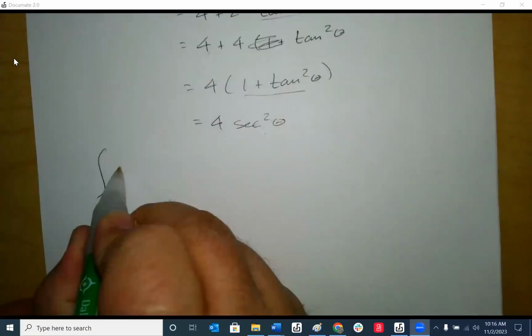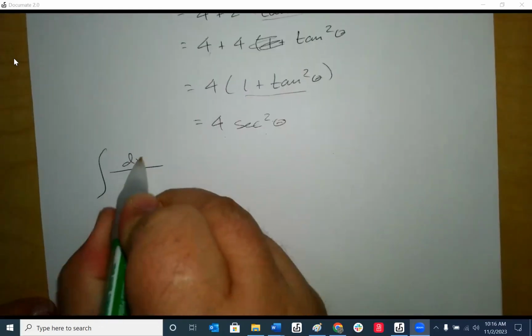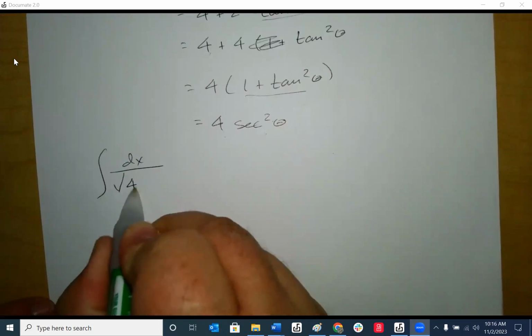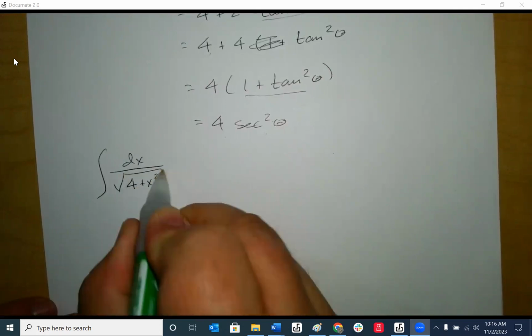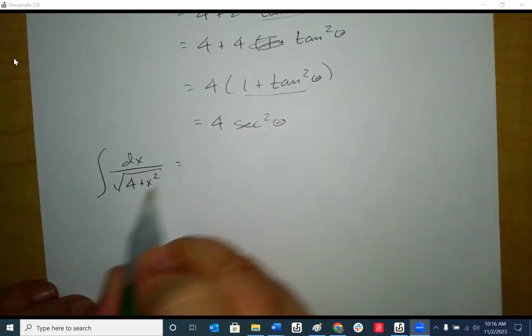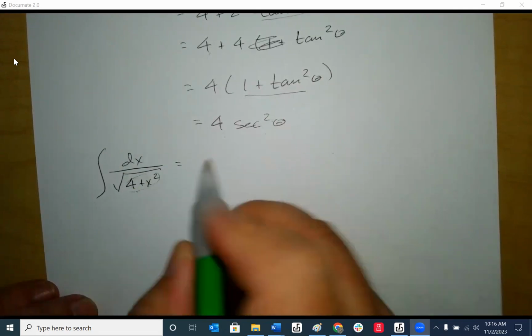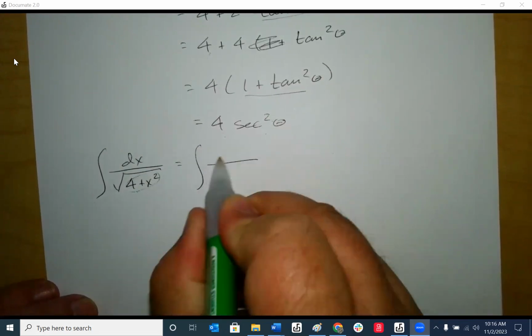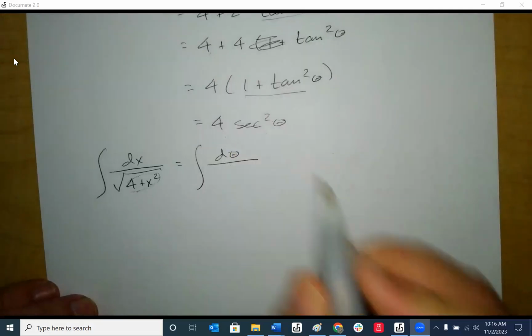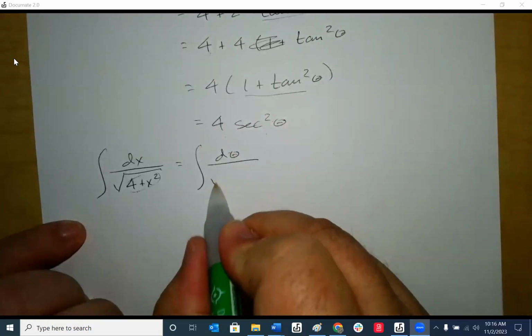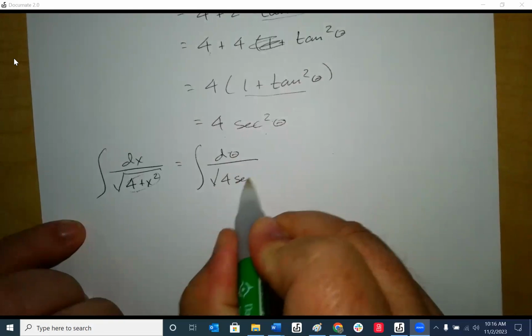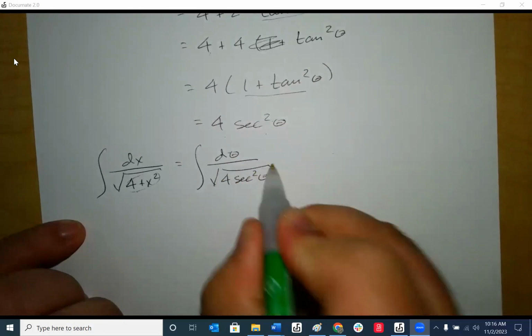So inside here, 4 plus x squared can now be replaced with 4 secant squared theta.